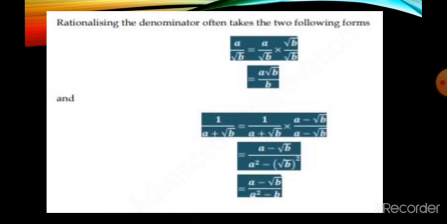In the normal expansion procedure of our quadratic expressions, a plus root b multiplying a minus root b gives us a square minus root b square, and root b square will give you b. So if you rationalize 1 over a plus root b, your answer is going to be a minus root b over a square minus b.